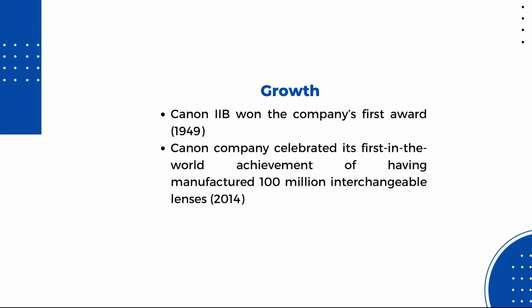The Canon EF series product achieved its growth stage when the company won its first award in 1949, while in 2014 the Canon company celebrated having manufactured 100 million Canon lenses.